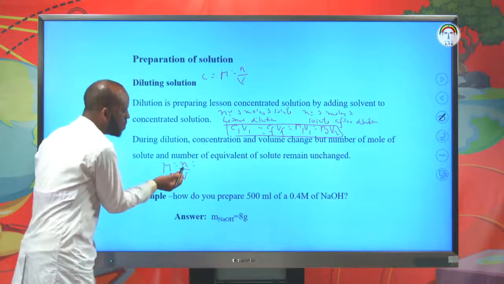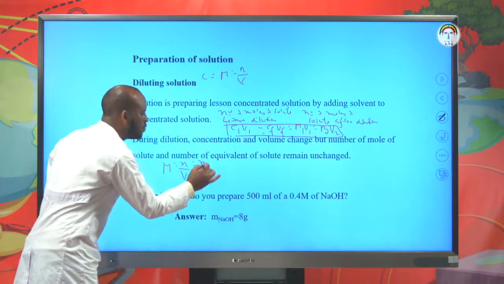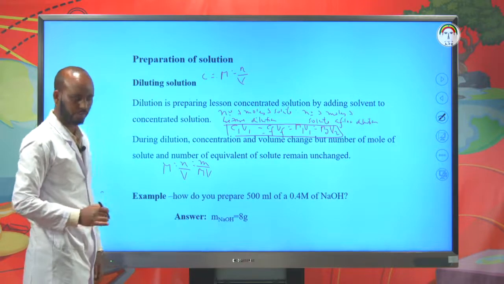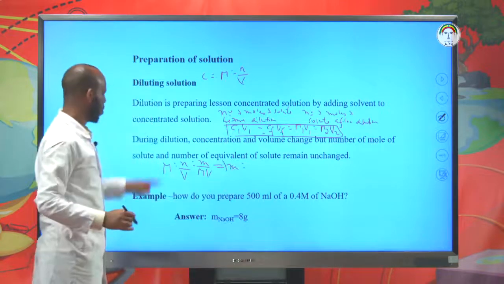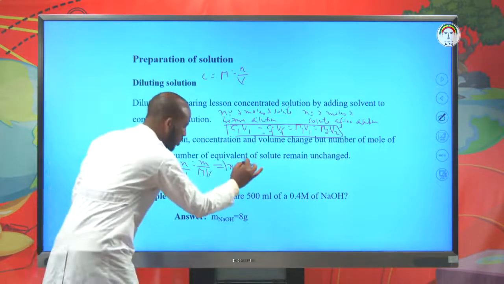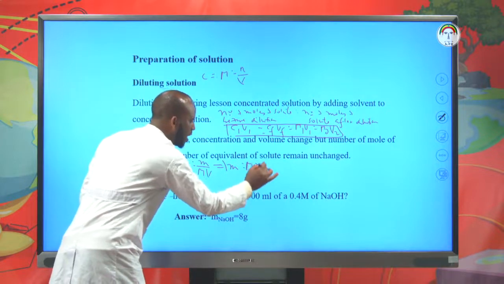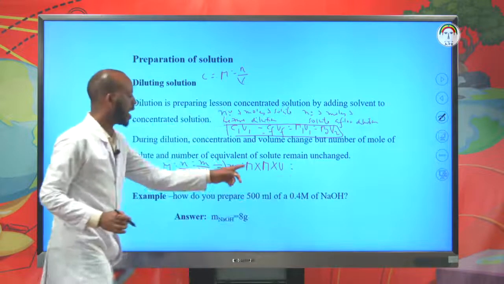From this, number of moles is mass of the solute divided by molar mass, so mass of the solute, small m, equals molarity of the solution times molar mass times volume.